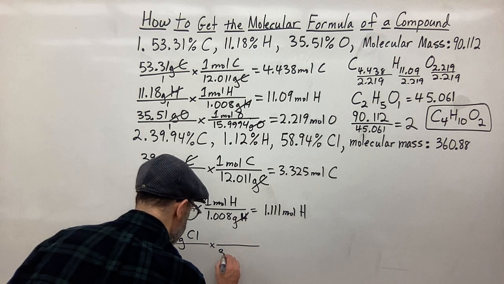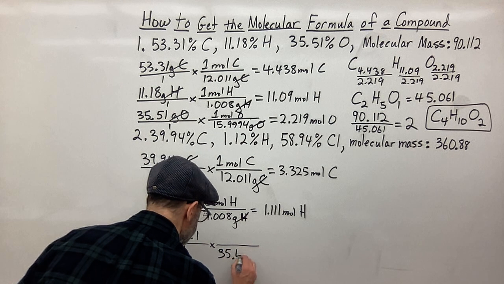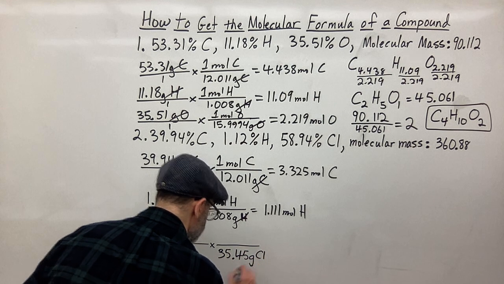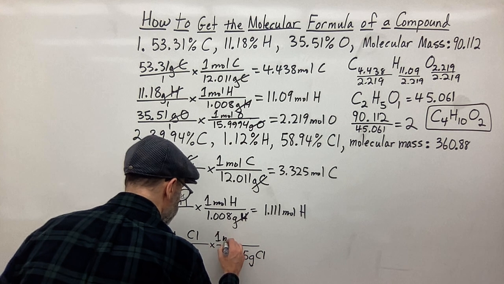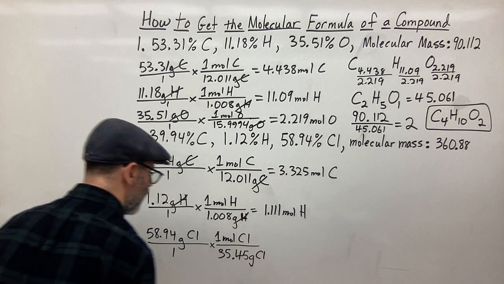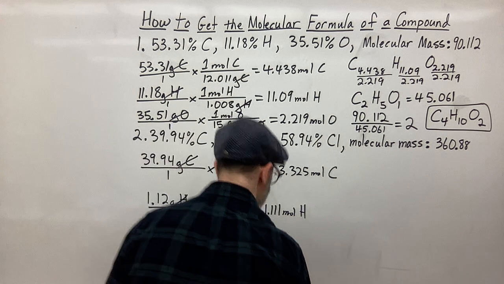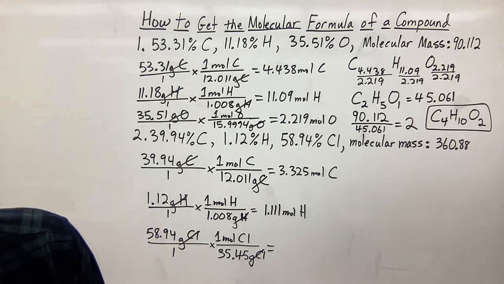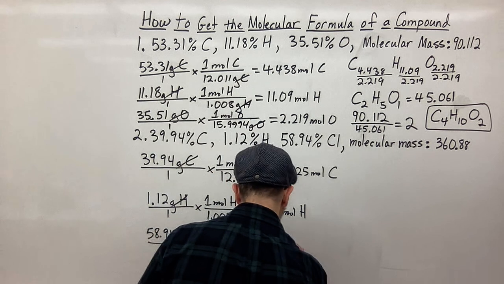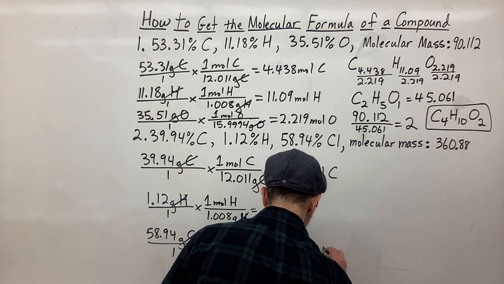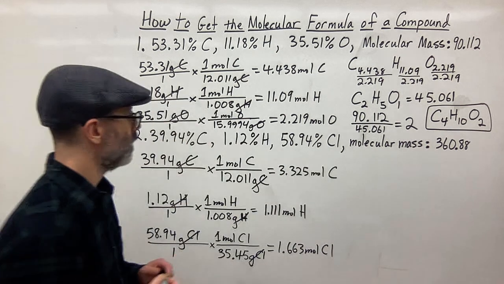And again, chlorine, I'm going to use the molar mass of chlorine as a conversion factor. So that's going to be 35.45 grams of chlorine, and then 1 mole of chlorine on top. So grams of chlorine cancel out, and when I do that, I get 1.663 moles of chlorine.